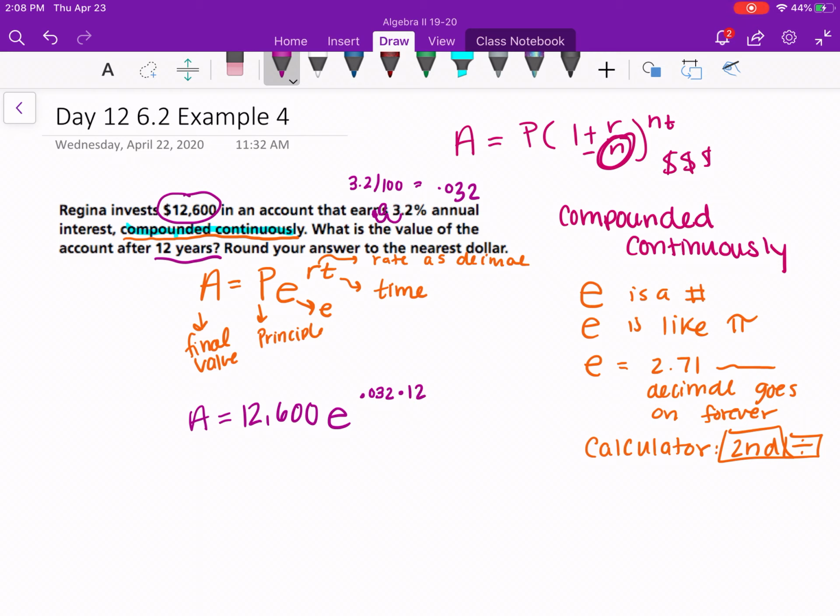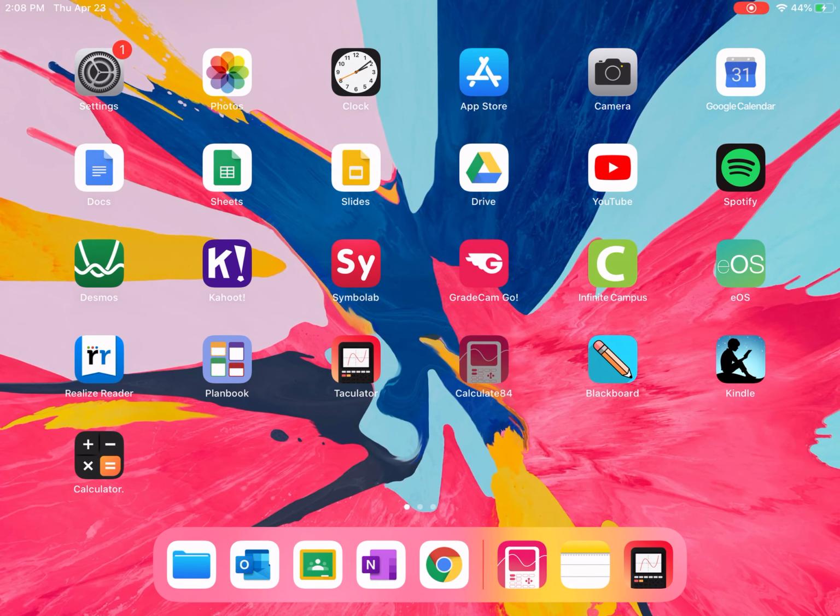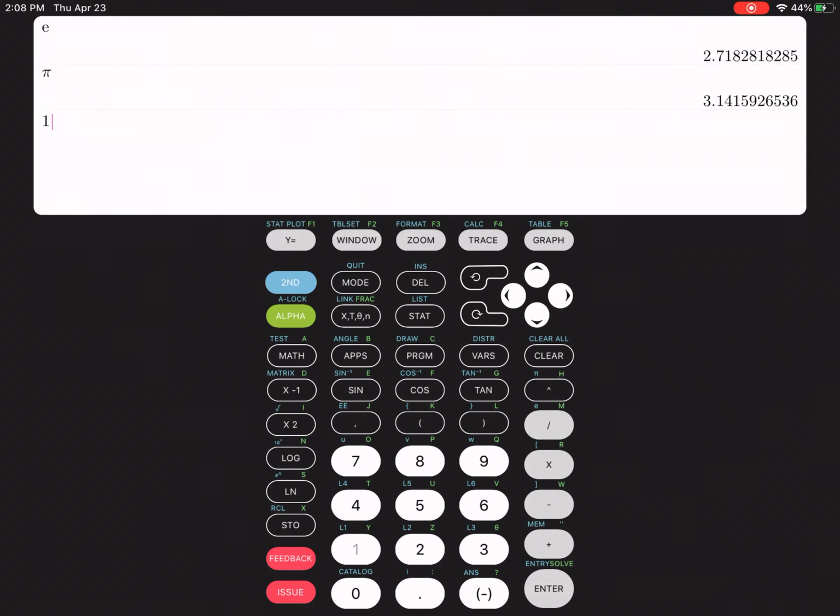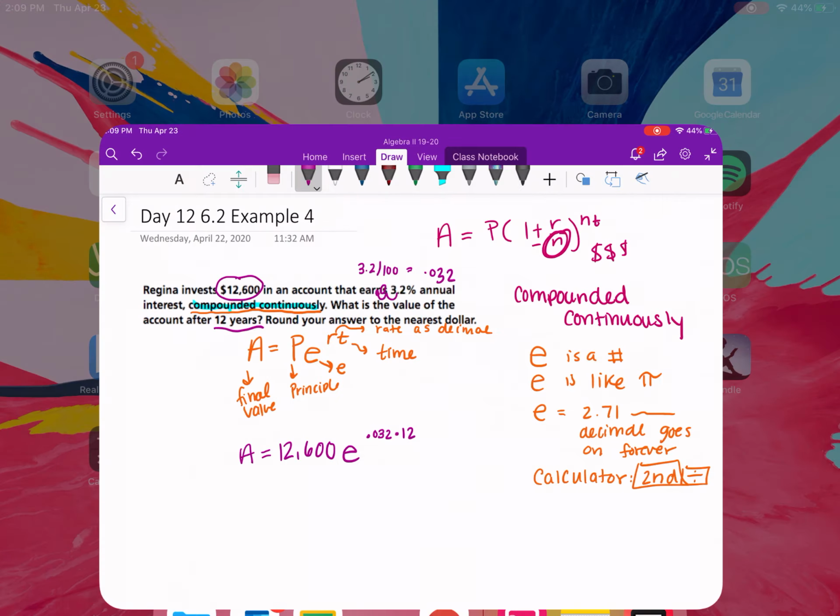And that's it. That's all you need. You can type that in your calculator because E is a number. So let's go take a look at that. 12,600 times E, caret button, 0.032 times 12. And there's my answer. 18,499, and we can round to 99.